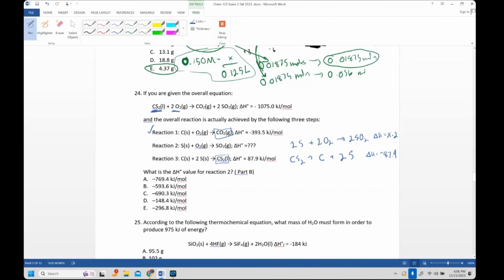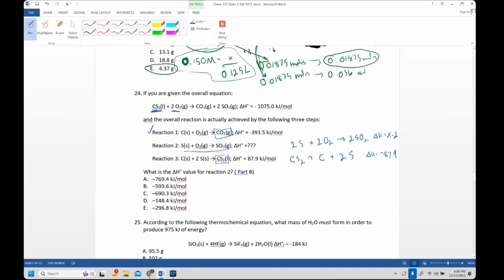Since the delta H we're looking for is the delta H for this reaction itself, we multiplied reaction 2 by 2, which means the delta H that we're going to find is actually 2 times the delta H that we're looking for, which is why I have 2X.